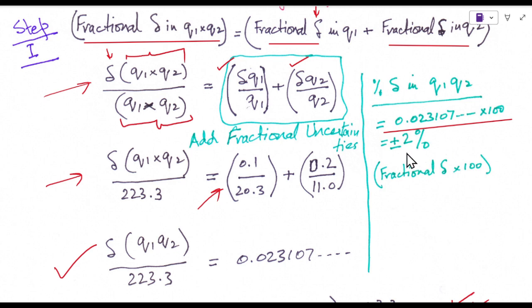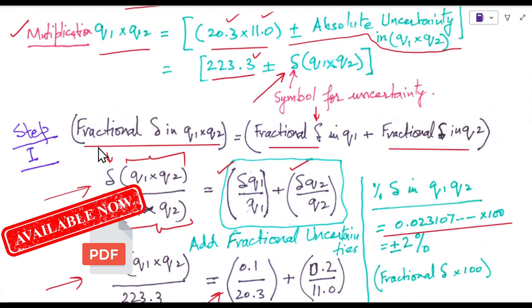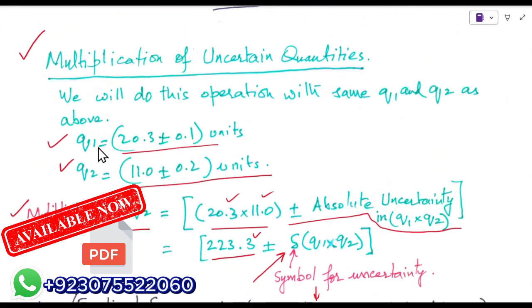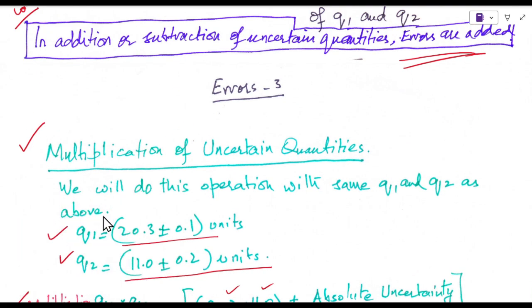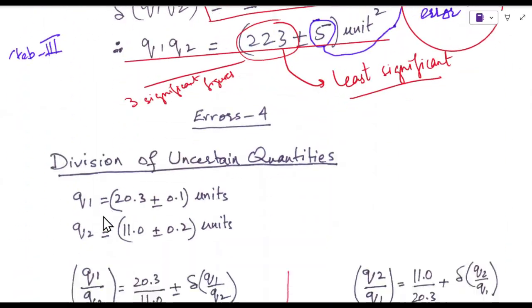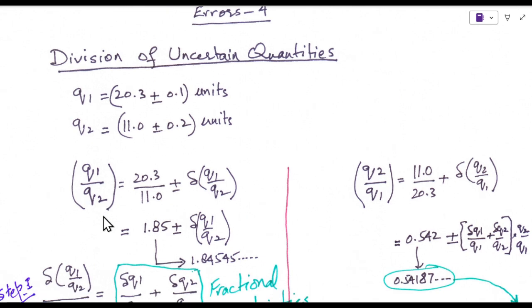All the steps that were required to be done in this calculation are also shown to you, but when you are doing the question in examination, you will have to see as to how many marks are allotted to the question and show your steps accordingly. Now we go to next page, division of uncertainties or uncertain quantities.